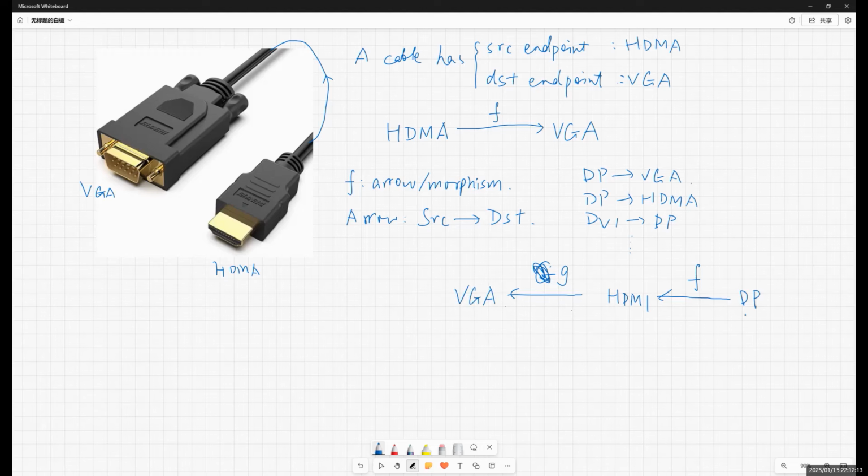The composition is from DP to VGA. That is G circle F.